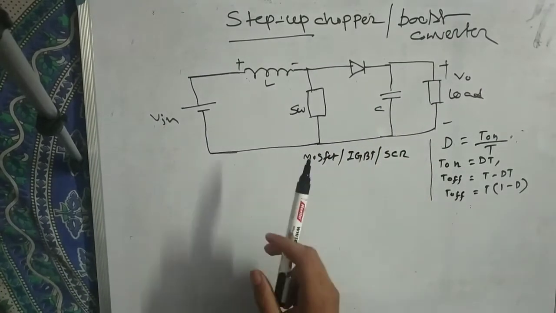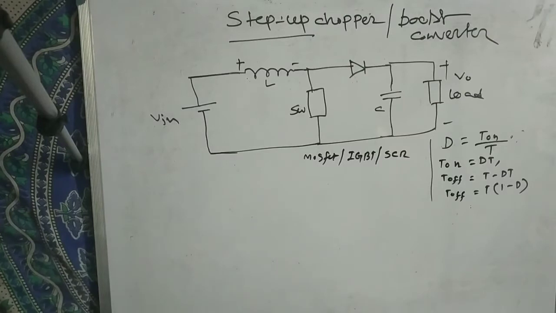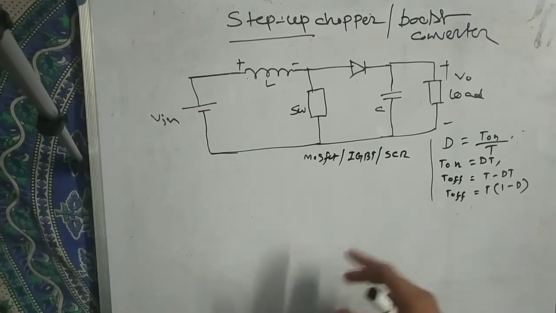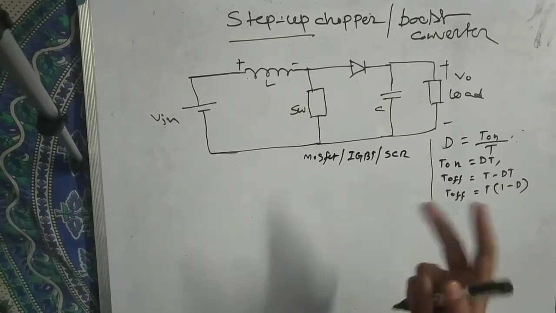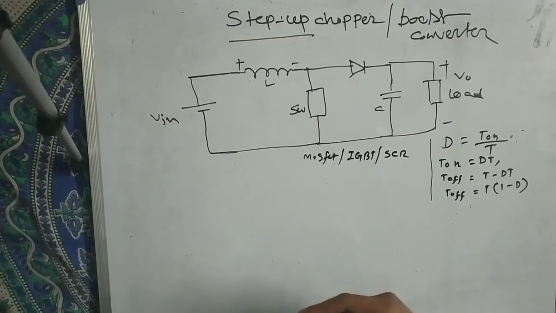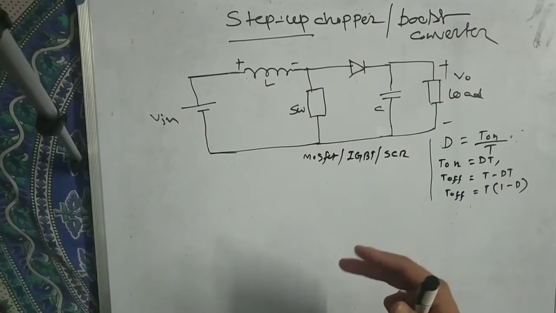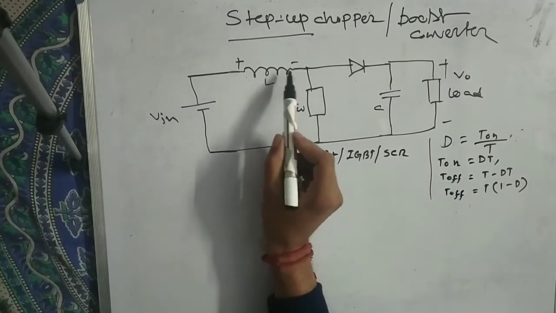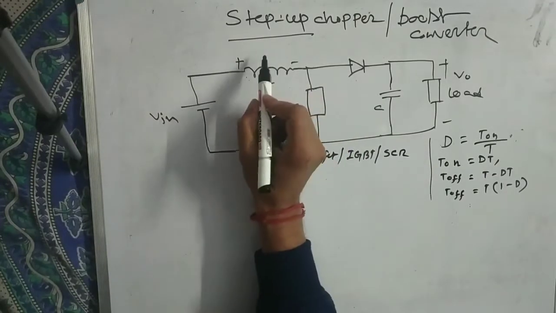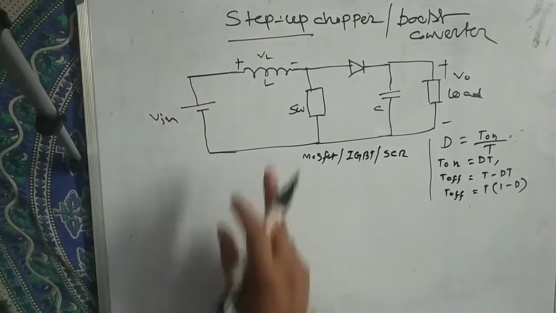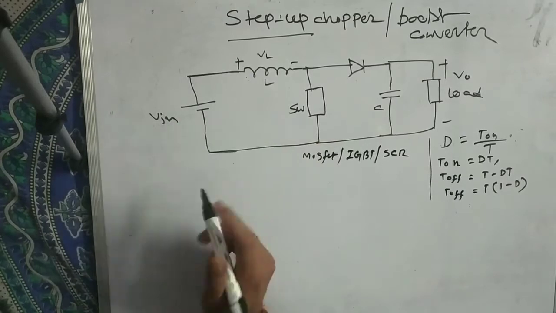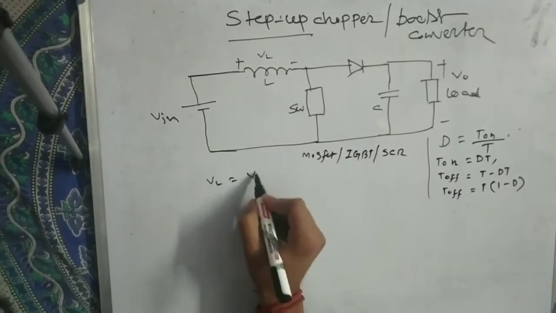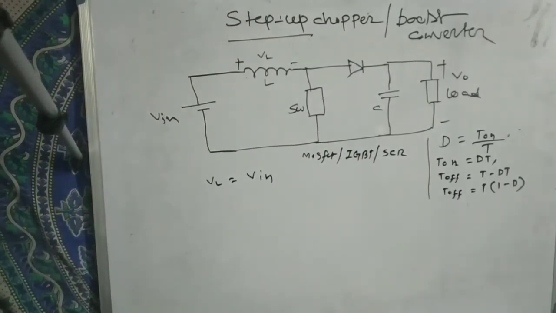In the inductor property we have already studied that an inductor can store energy in one cycle, and in another cycle it loses its energy. First, when the switch is on, the voltage across the inductor VL equals Vin, the input voltage.